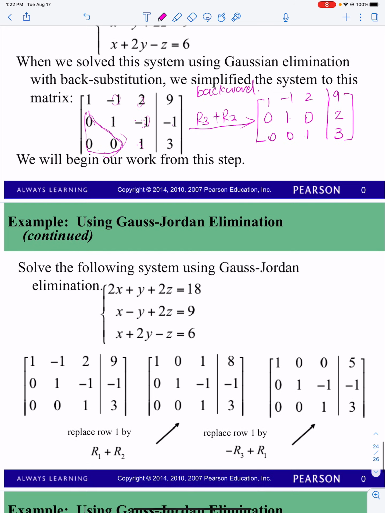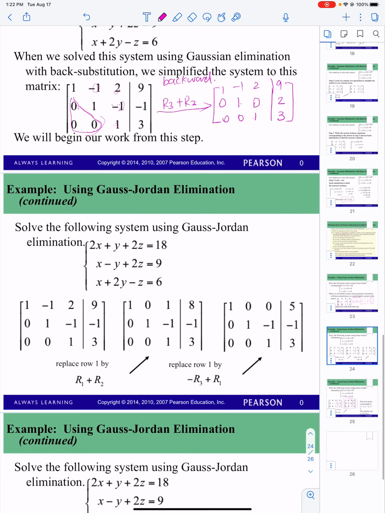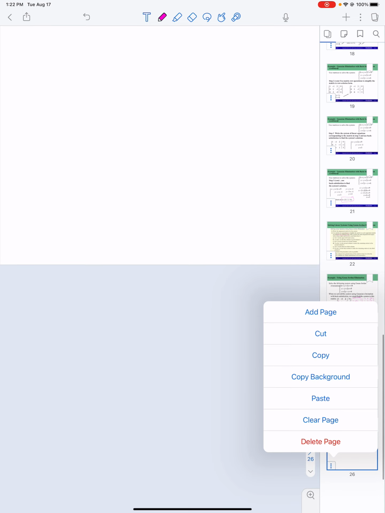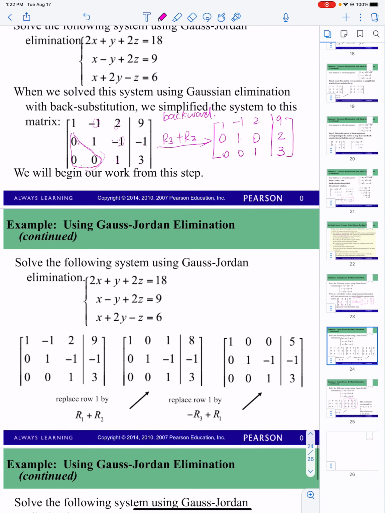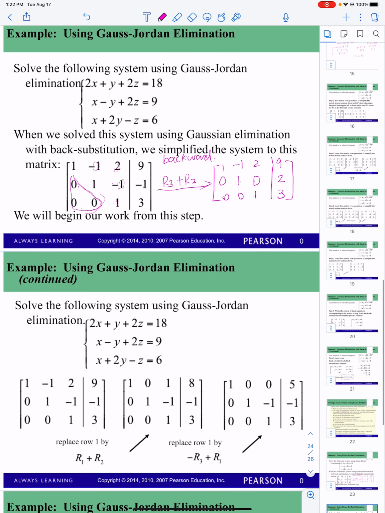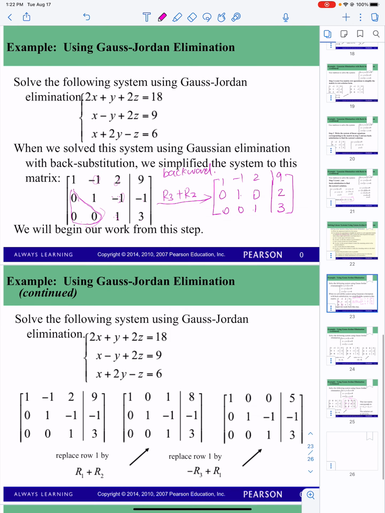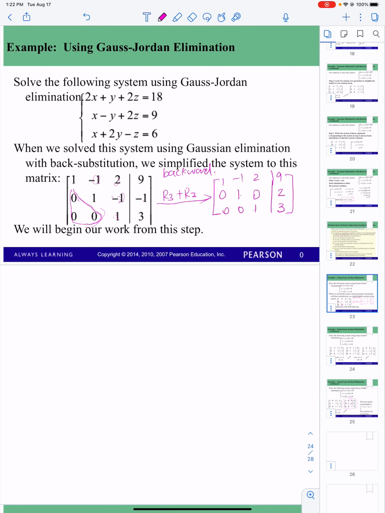Are you okay? Okay, so I will insert another blank page. So what will we have? Now you get the third row and the second row as what you want.